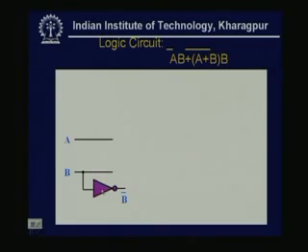For that, one NOT gate is put on the path of B.